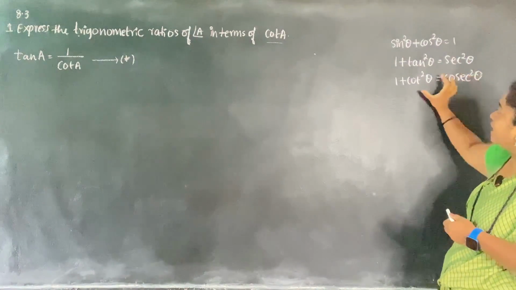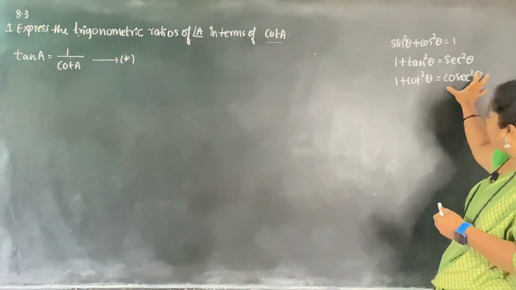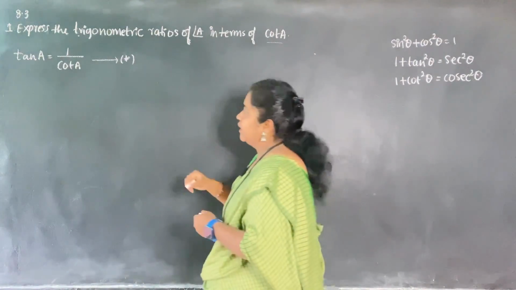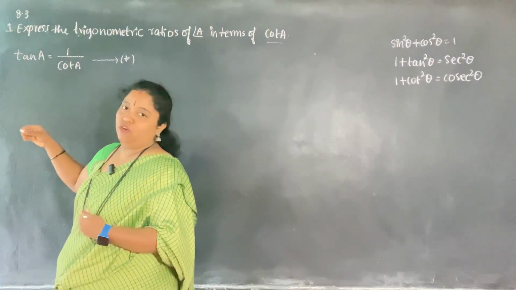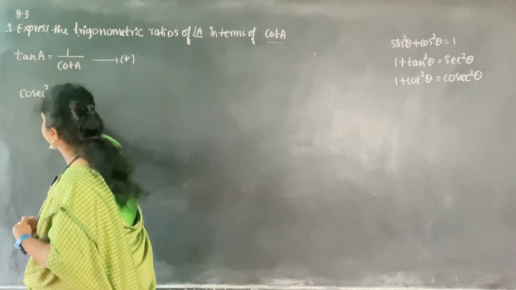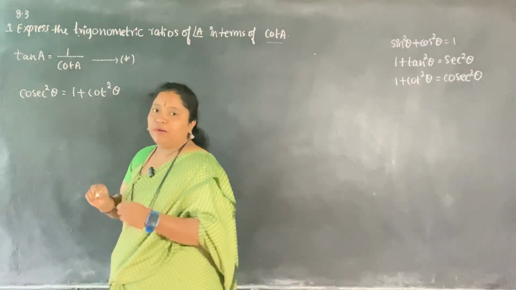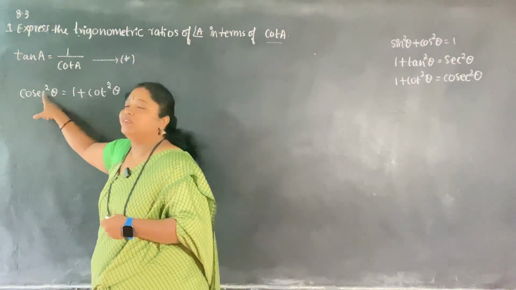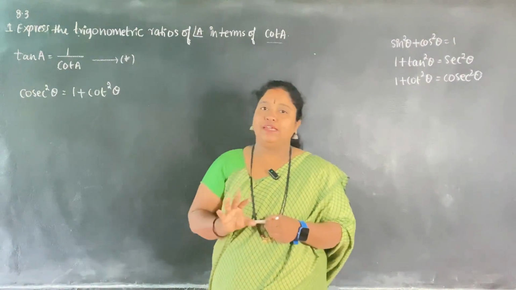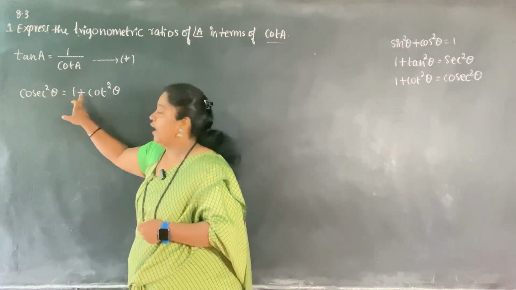Cosec again has a direct connection to cot, dear. So now cosec is directly in the form of cot. So now I can directly write here the second trigonometric ratio, that is cosecant square theta is equal to 1 plus cot square theta. But the only thing is it is cosecant square theta, dear. So we have to express each trigonometric ratio, not the square of that. Understanding? So now I'll bring the square to this side.